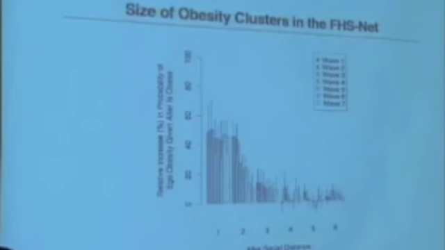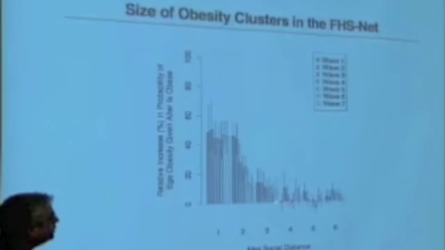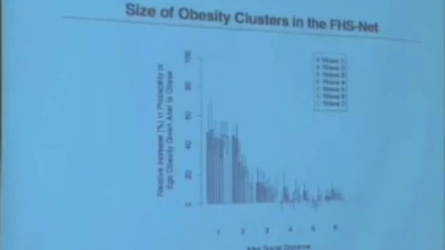Knowledge about whether I'm obese or not is still related to the obesity status of people that are 3 degrees removed from me, people I might never have met and not even know. My friends' friends' friends, if you knew whether or not they were obese, that has some association with whether or not I'm obese. You have to go out 4 degrees removed before there's no longer any relationship between my obesity status and the obesity status of my friends.